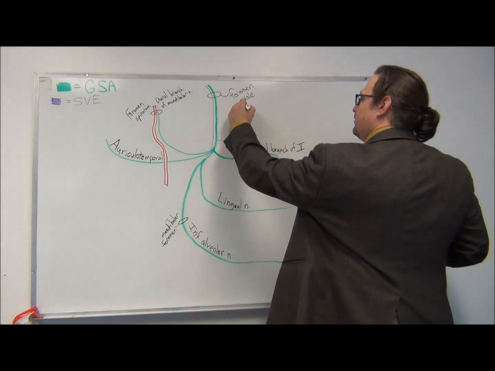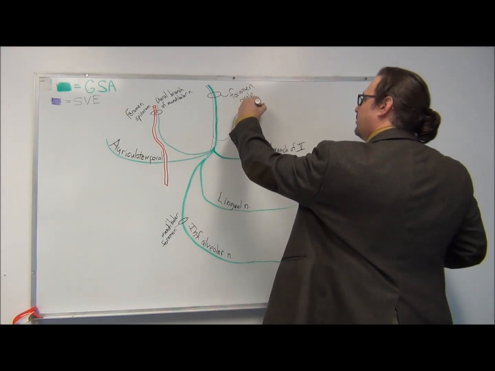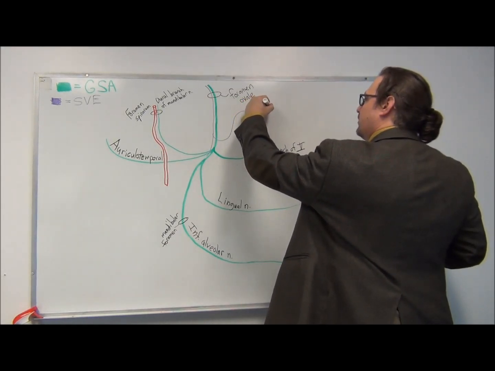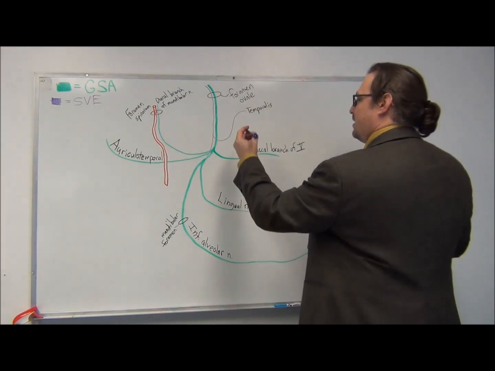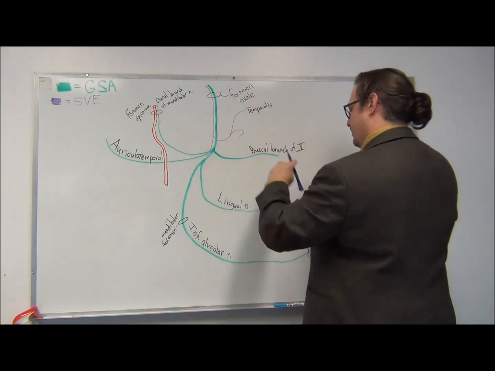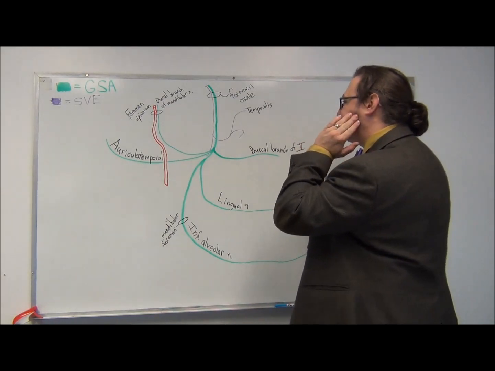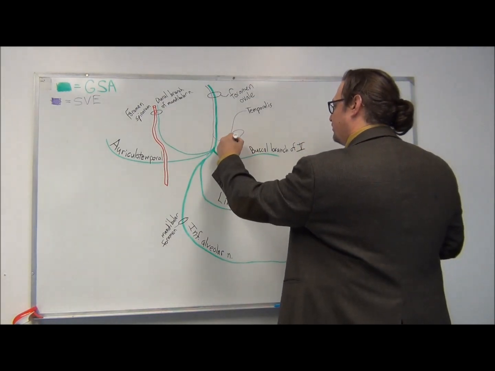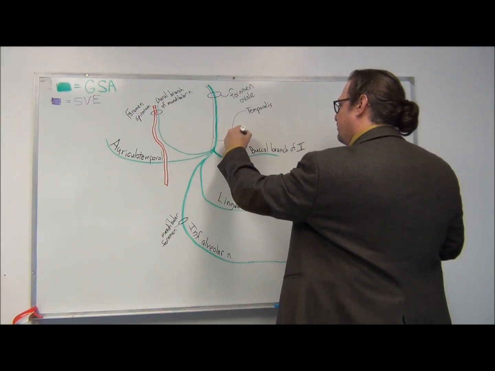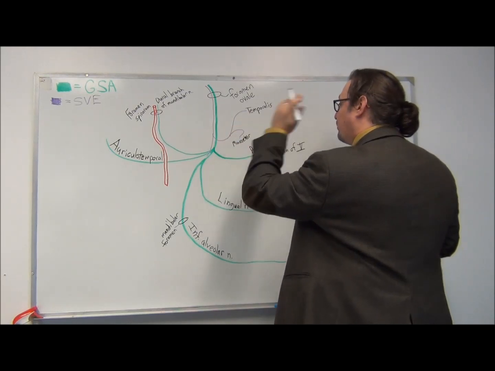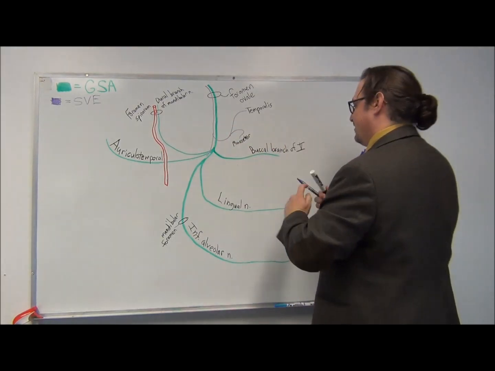Branch to temporalis, a branch to the masseter, the big muscle on the outside of the jaw.